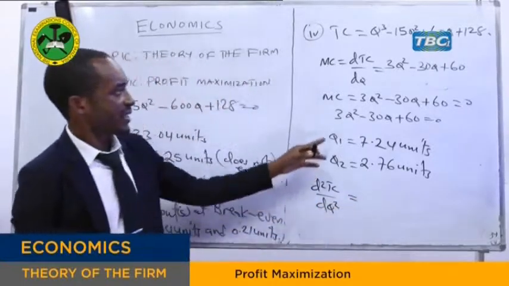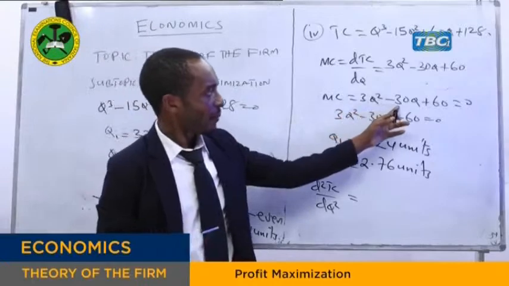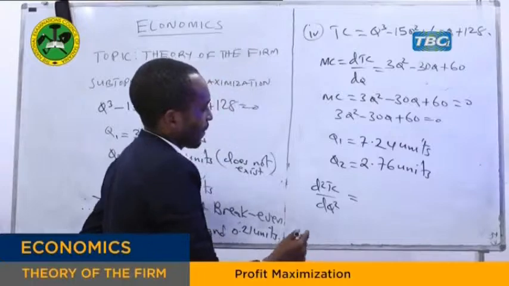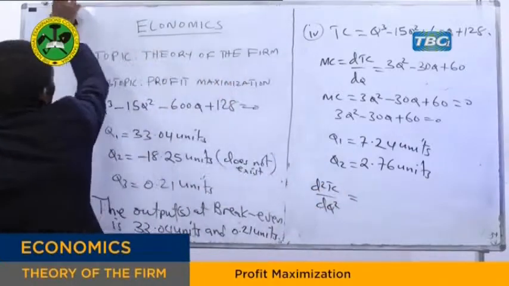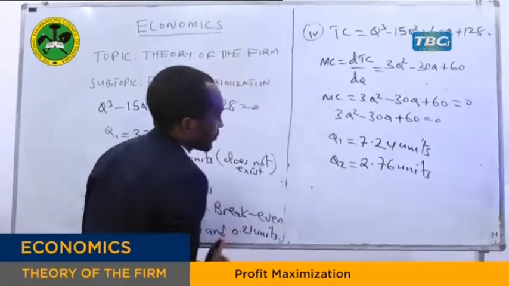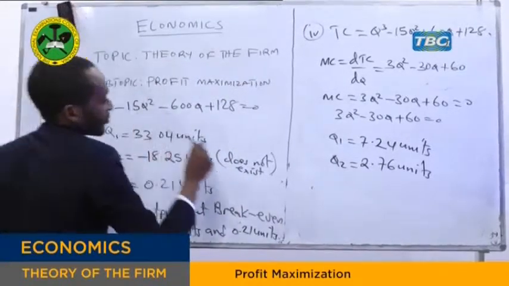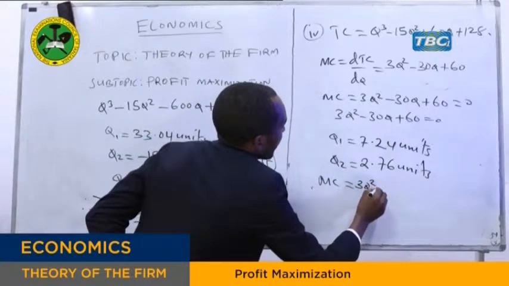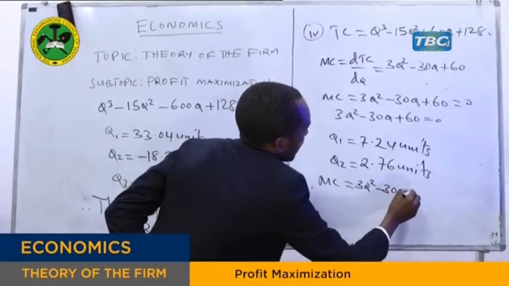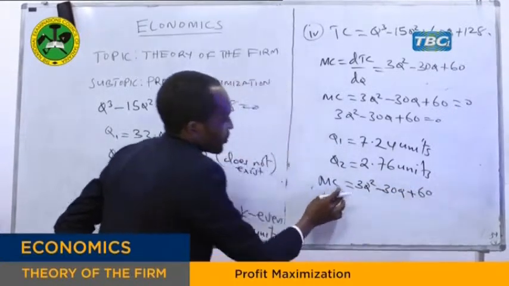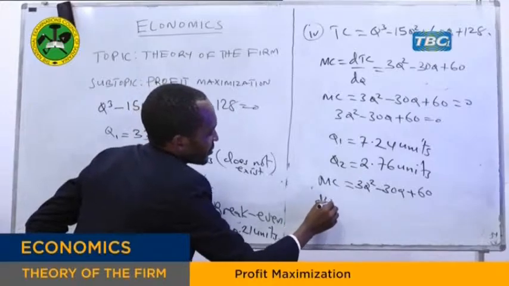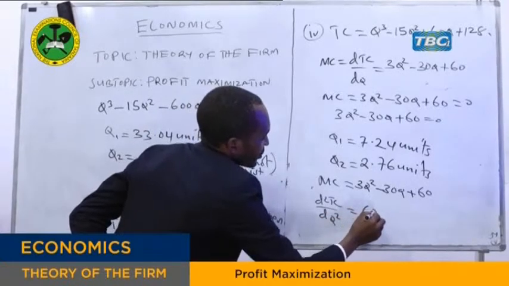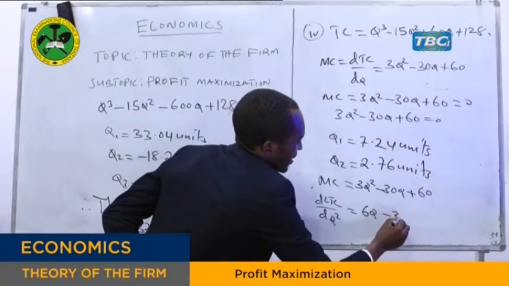So when you differentiate this marginal cost function, 3Q square minus 30Q plus 60, d square of the cost over dQ square will be equal to 6Q minus 30.